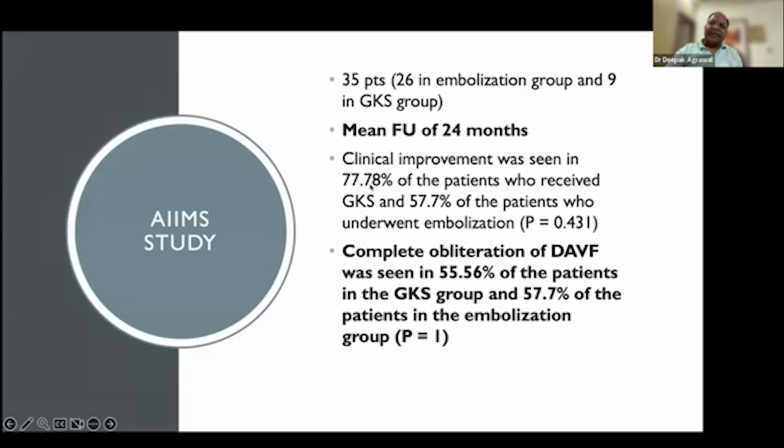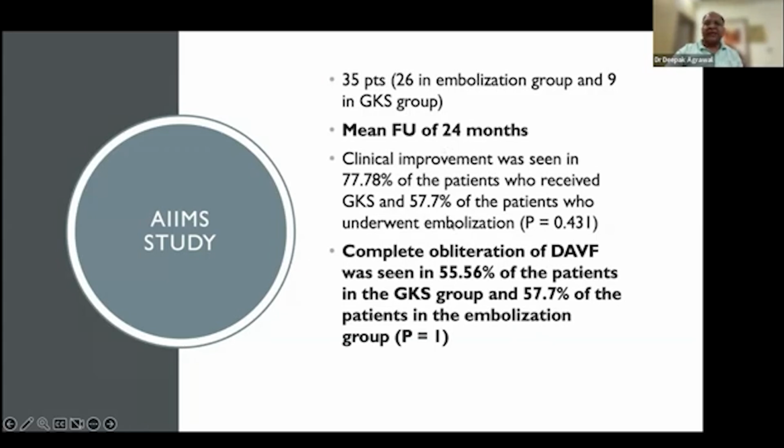Interestingly, the clinical improvement was much greater in those patients who received gamma knife as compared to those who underwent embolization. The overall obliteration rate was similar in both the groups over the last follow-up.